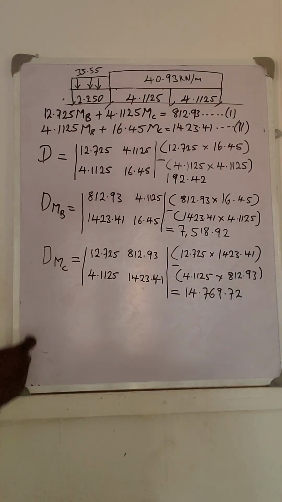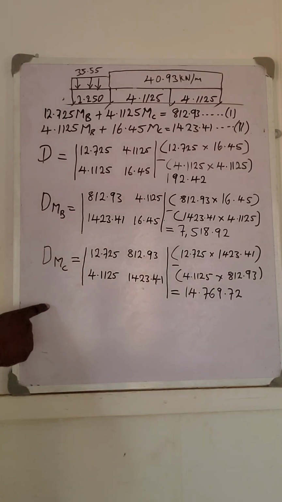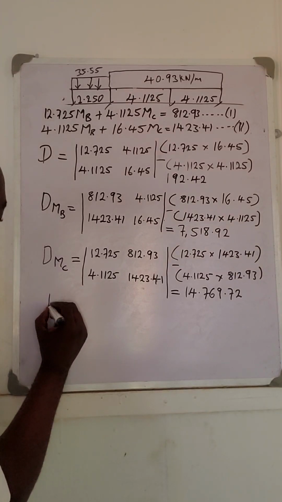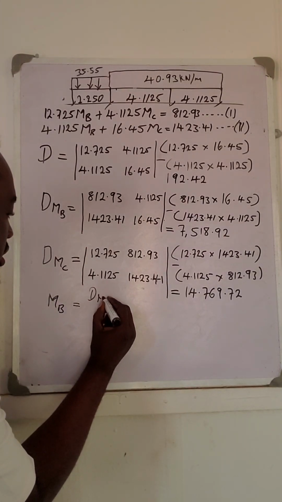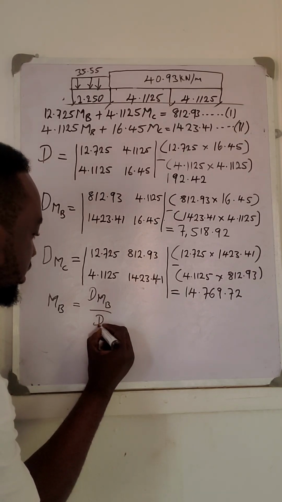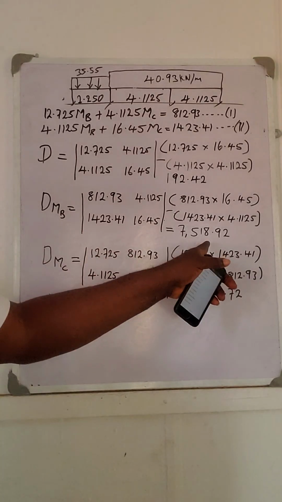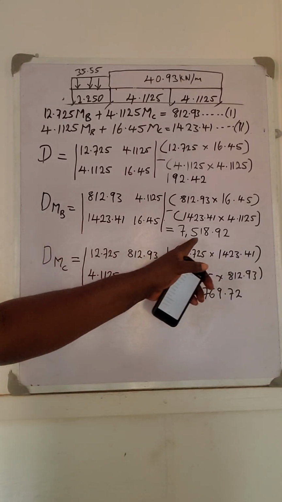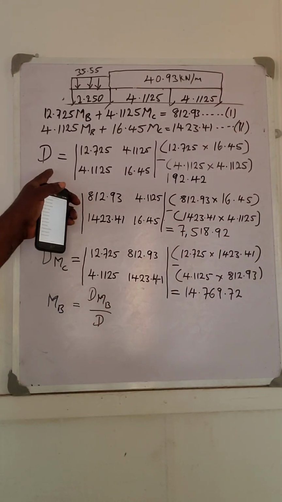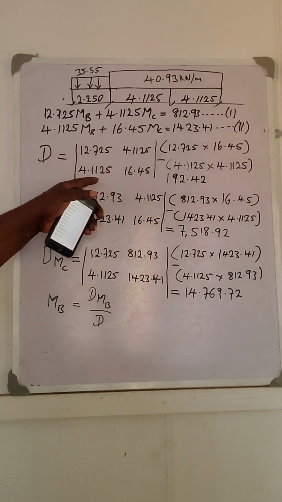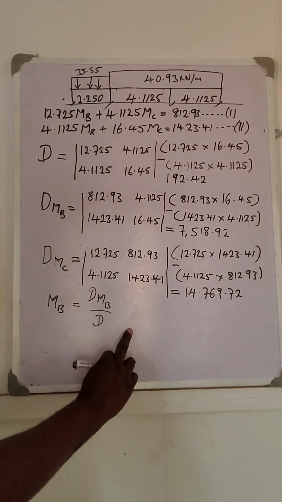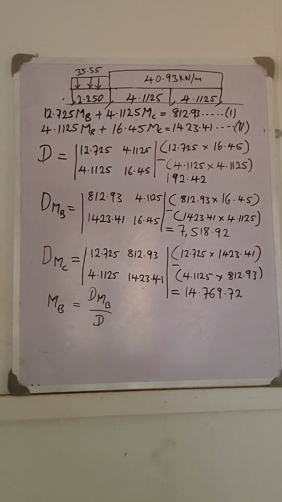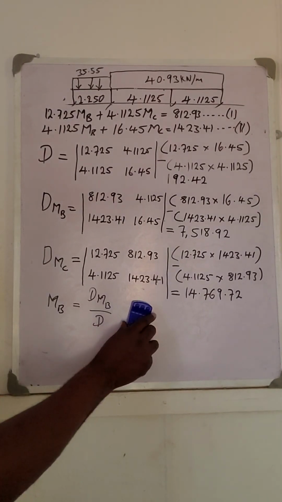We are not done yet. Now we need to calculate our MB and our MC. How do you get that? From here, MB is equal to dMB over D, the determinant, then MC will be dMC over D. Because there's no space, I'm going to have to clean this.